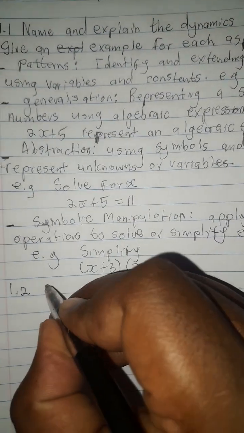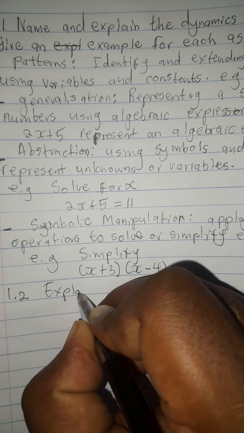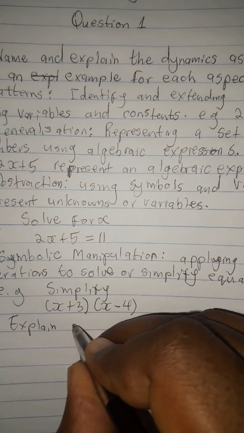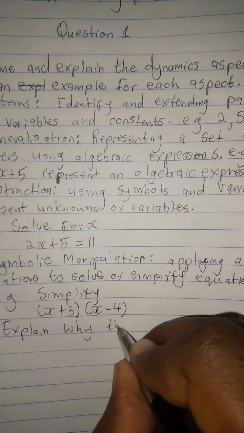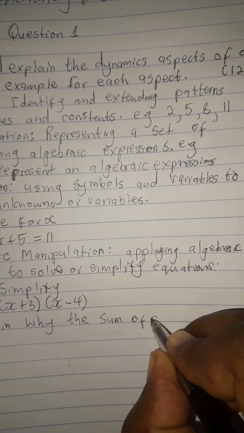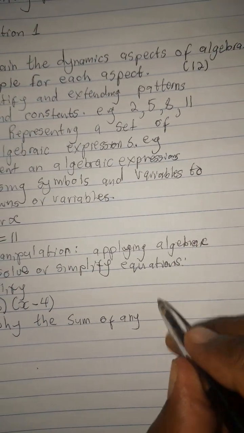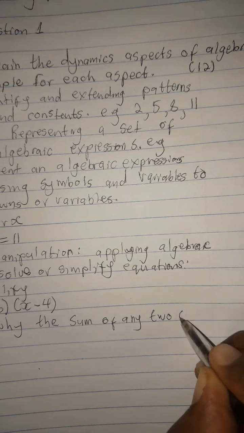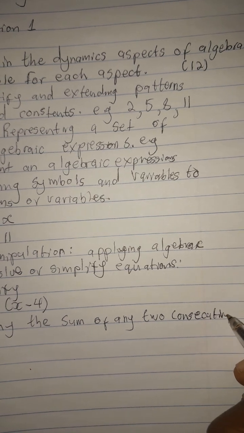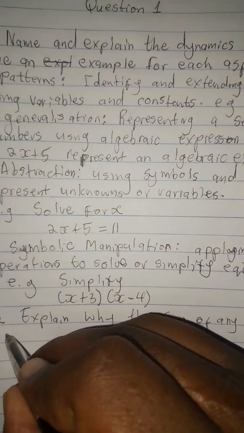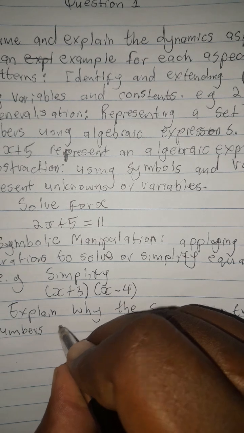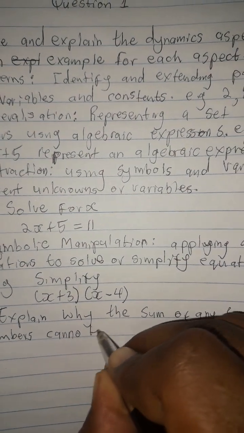1.2 requires us to explain. If you can check in your examination, there was a question that says: explain why the sum of any two consecutive numbers cannot be even.